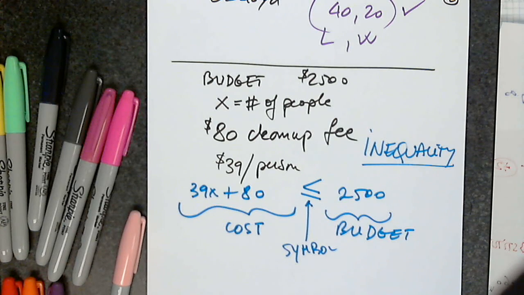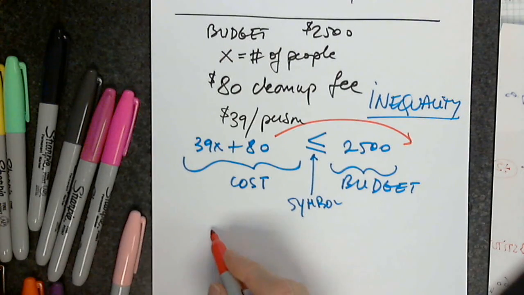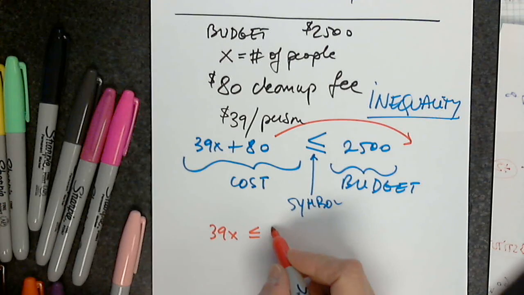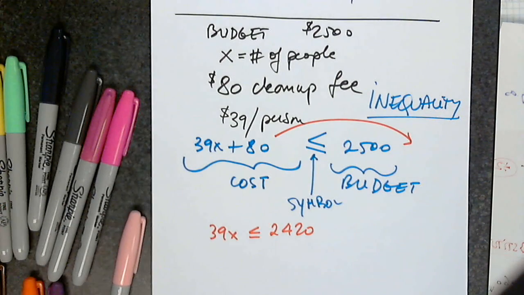Good. Now from this point on, we only apply the concept of solving a linear inequality. What would be the first step? Awesome. Subtract 80, or move it to the other side with the opposite sign. So this is 39x less than or equal to 2,500 minus 80, which is 2420. Awesome.